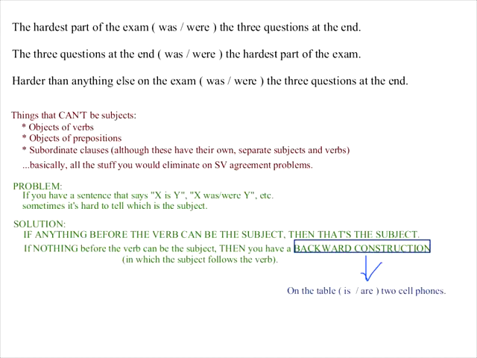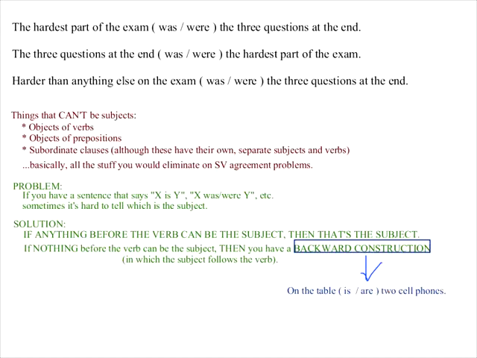Everybody indicate in the text box whether this is or are. Okay, excellent. Everybody's got this one right. Indicate in the text box, please, what is the subject? The subject is 2 cell phones.